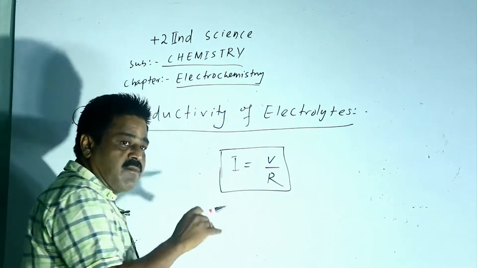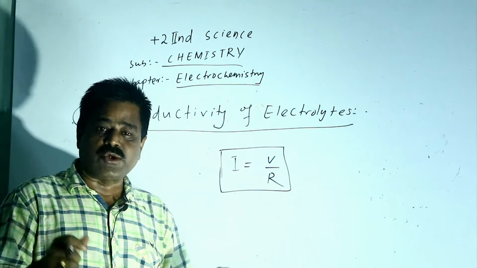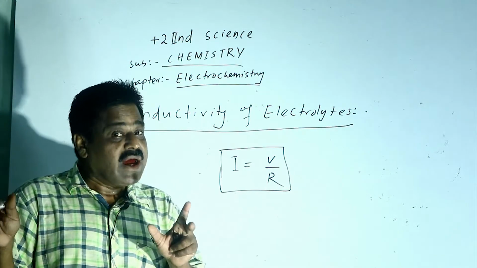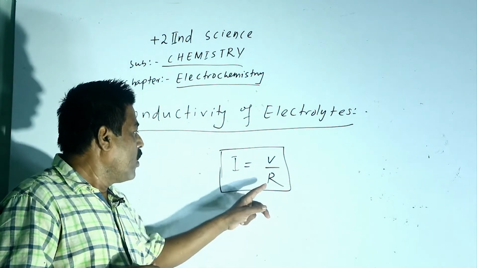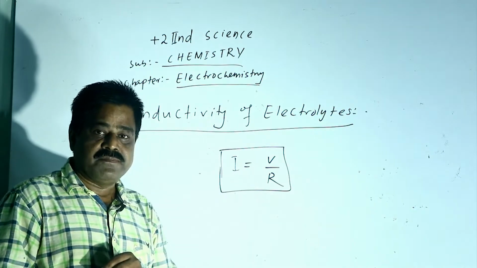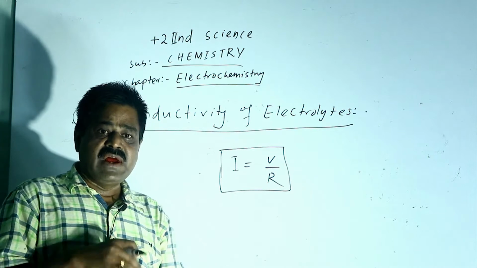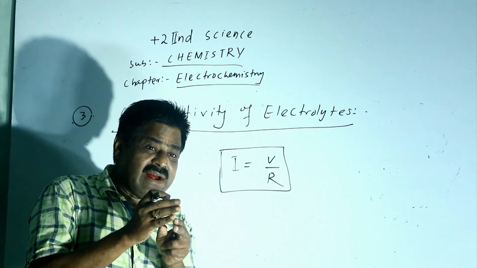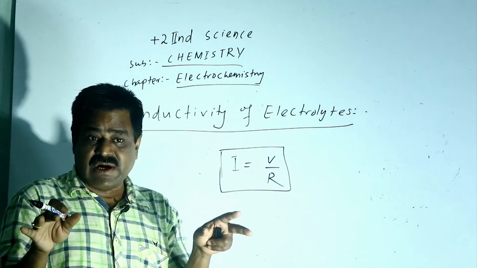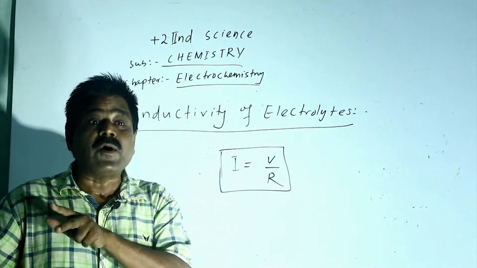And from that, you can also apply this law to the electrolytic solution, because in all cases current is flowing from one point to another point. So now I have to say something about the resistance. What is resistance? The resistance is the opposing force that is present in the conductor or electrolytic solution during the passage of current.